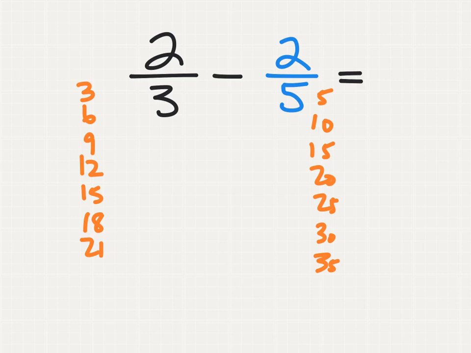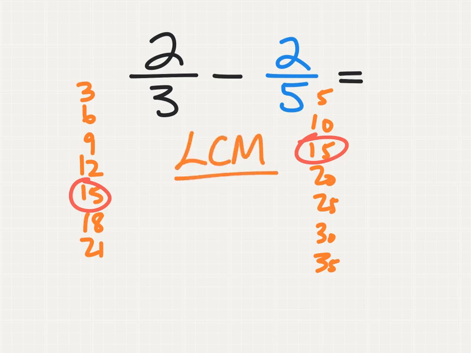I see 15 is on both lists. 15 is the lowest number on both lists. That makes 15 the least or lowest common multiple. 15 will become my new denominator.